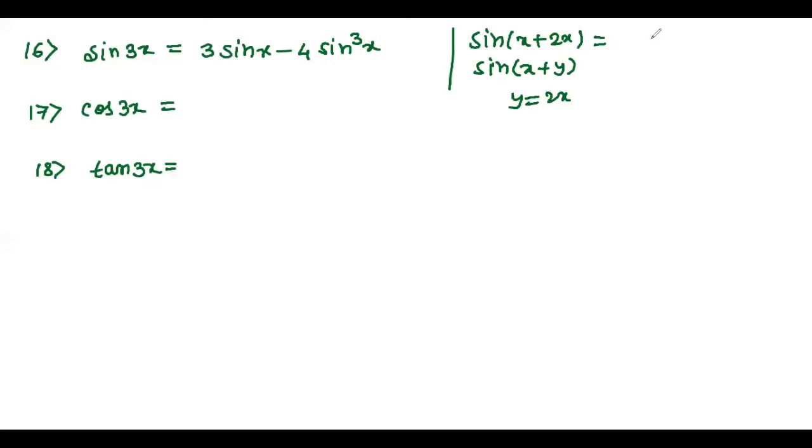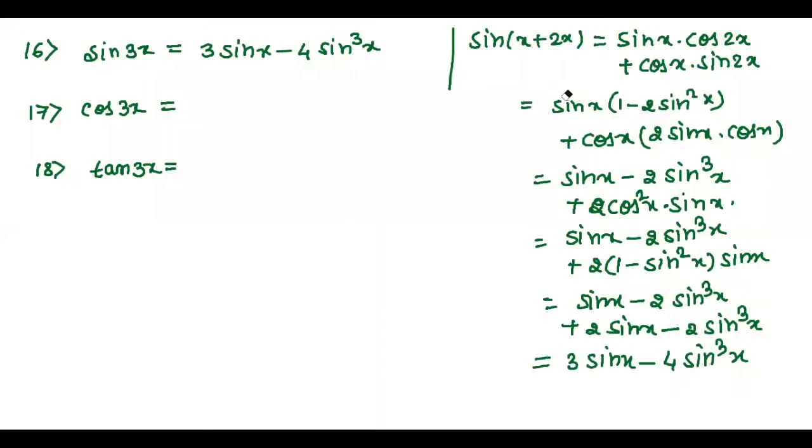This is sin x into cos 2x plus cos x into sin 2x. So this is the derivation of sin 3x.